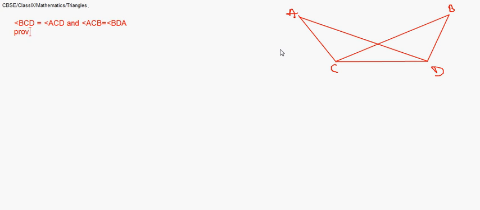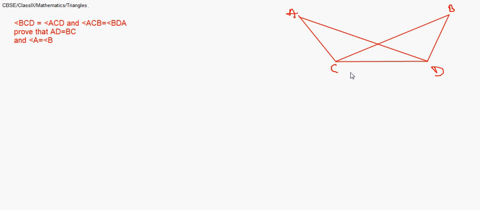We have to prove that AD is equal to BC and angle A is equal to angle B.